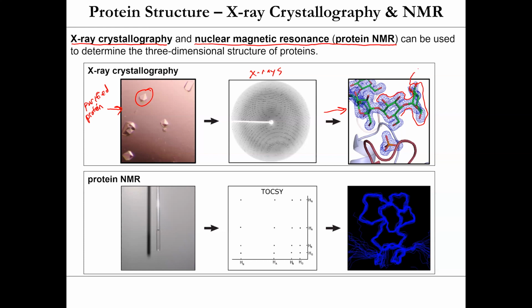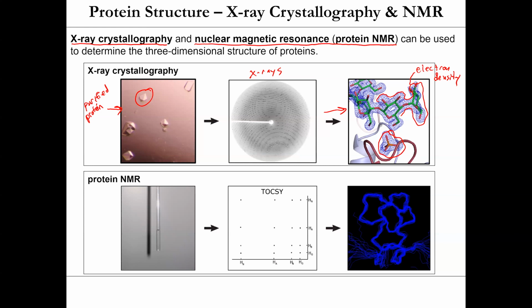That means there's electron density at that position, and then you build your protein model within that electron density to determine the three-dimensional structure of the protein. So this was a picture here of a protein bound to a carbohydrate, and you can see the carbohydrate molecule, even the orientation of the carbohydrate molecule, and then a phosphate molecule here in the active site.